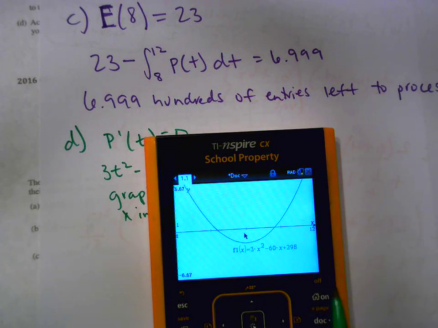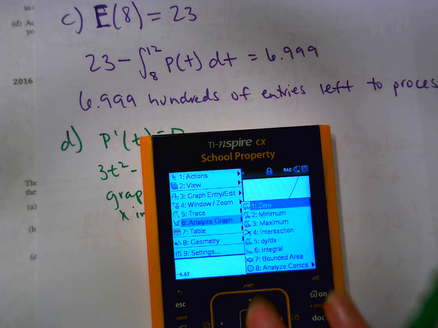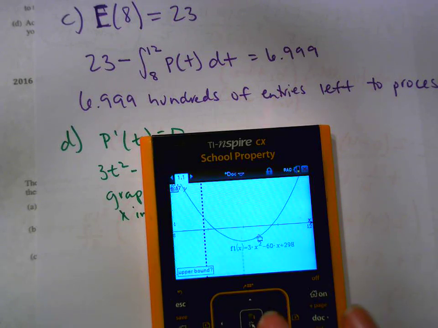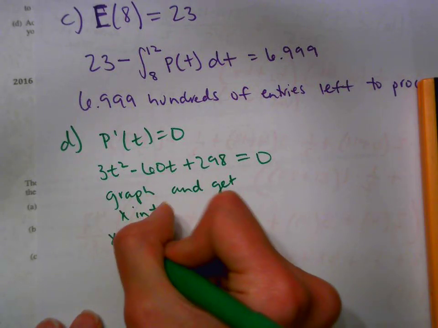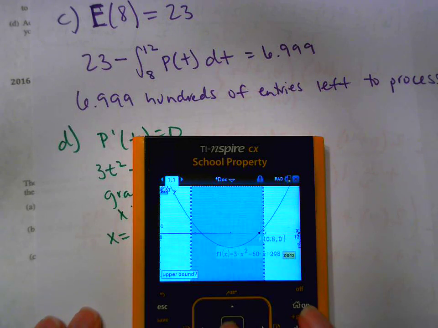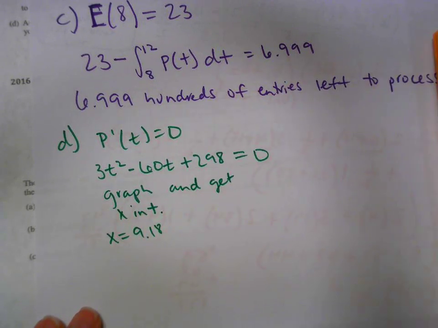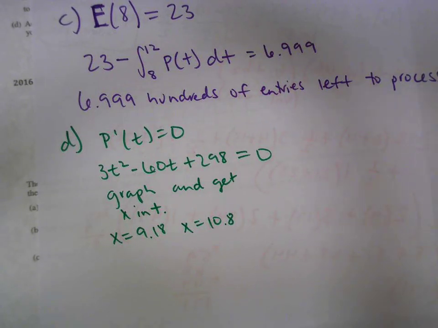And we can see we have 2 x-intercepts. So I'm going to get those. Menu, Analyze Graph, Zero, highlight them, 9.18. And the other one is 10.8. So those are your critical numbers.